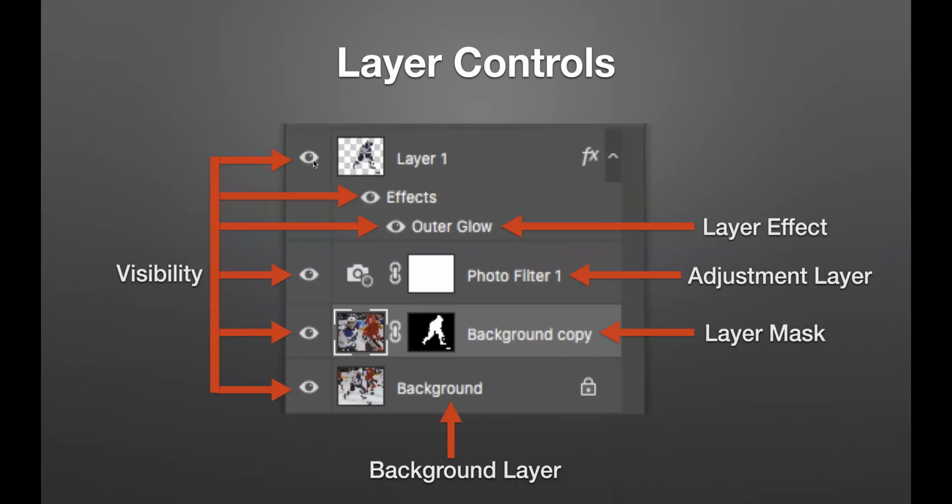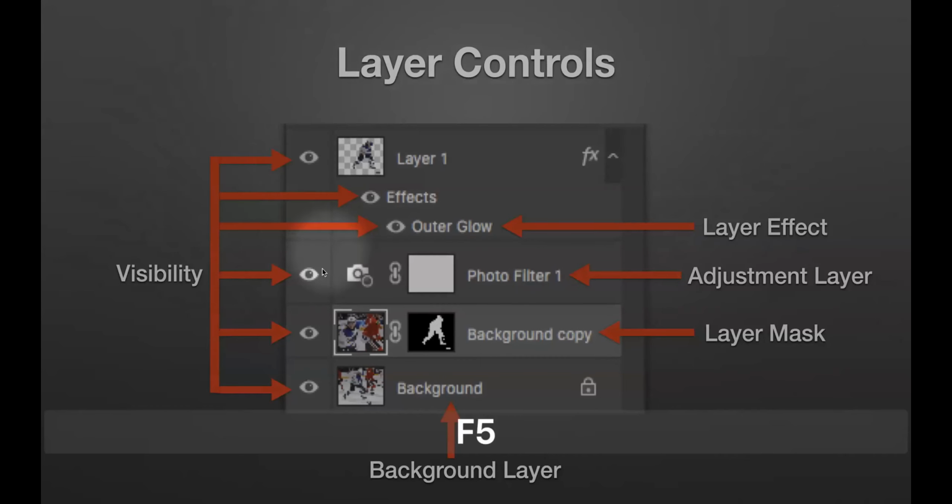Each of the individual eyeballs that you see here will turn on and off layer visibility. Clicking on that eyeball will turn off the entire layer and all of its little subparts. If you look up at this top layer, layer number 1, you'll see there's 2 more eyeballs. One of them will turn on or off any layer effects we have applied to that particular layer.